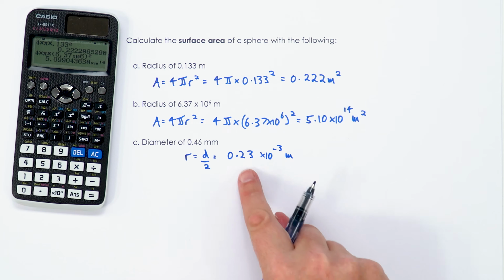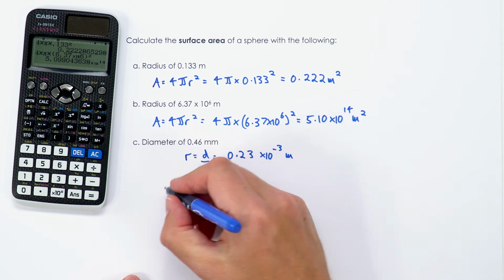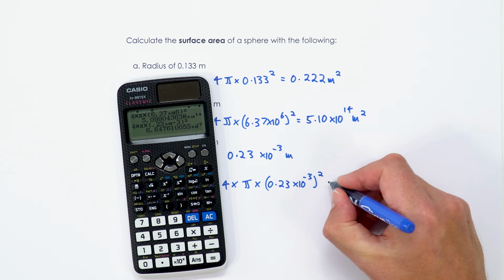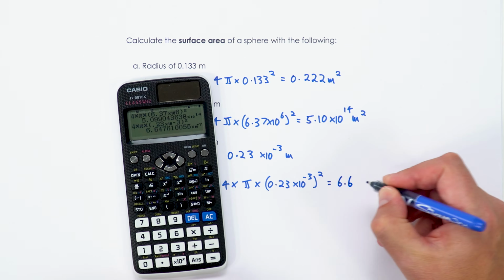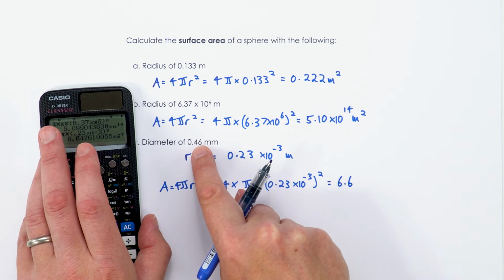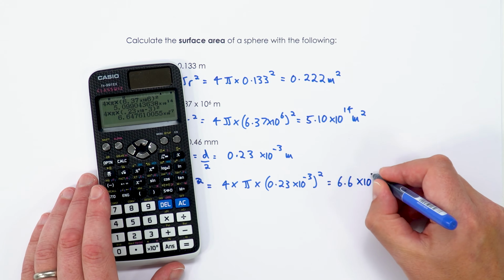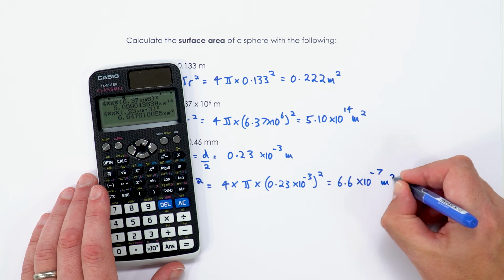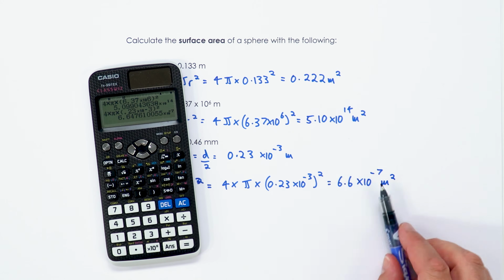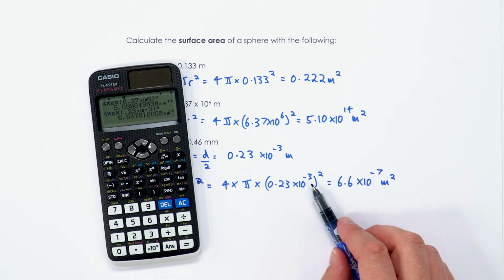Okay, so that's something we can then use in our calculation, like before, which in this case is equal to 6.6, and we've got that to two significant figures, so I'm going to leave that to two significant figures, and that's times 10 to the minus 7 meters squared. So again, a very small number, because we've had a very small number that we've actually had to square.